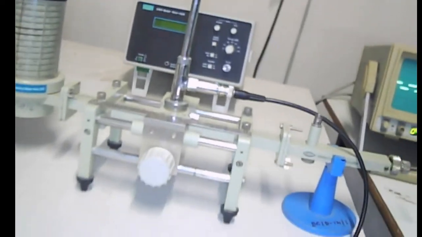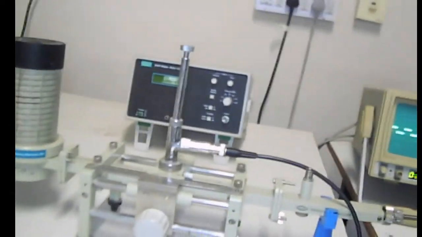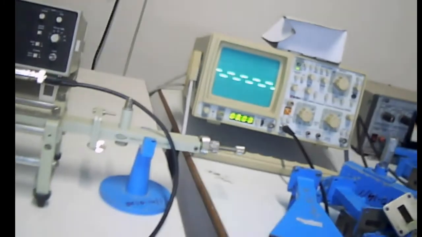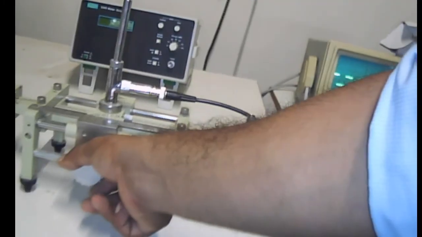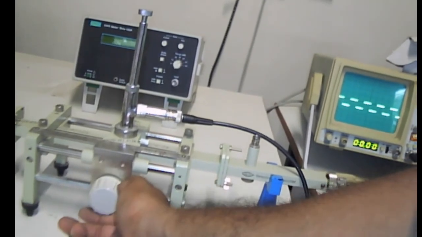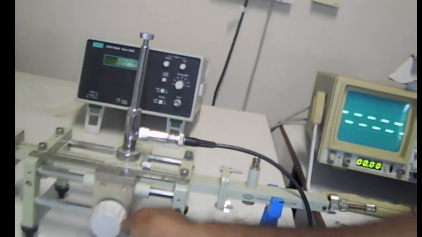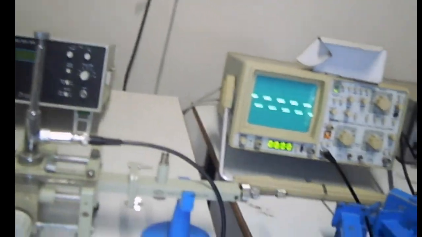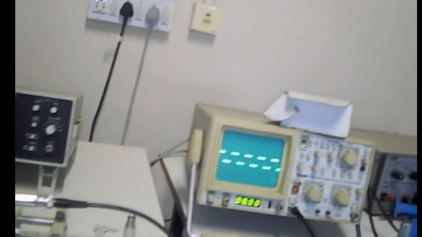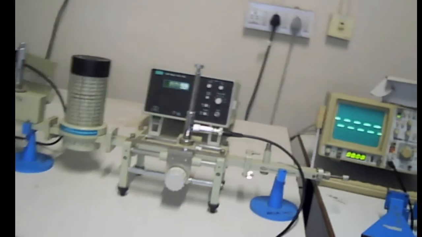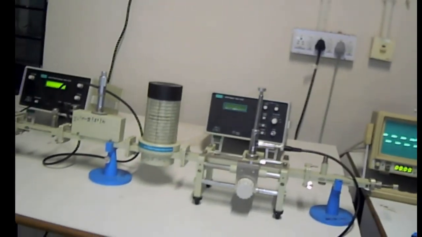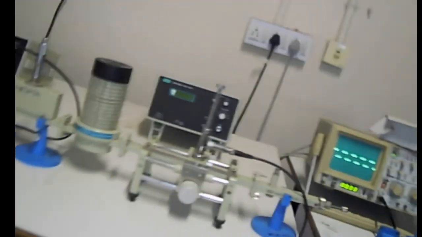In the next lecture we will use this slotted waveguide section, sliding the slider over it to find the distance between two maxima or two minima, and from that we will find the frequency of operation of our microwave test bench. So thank you for now.